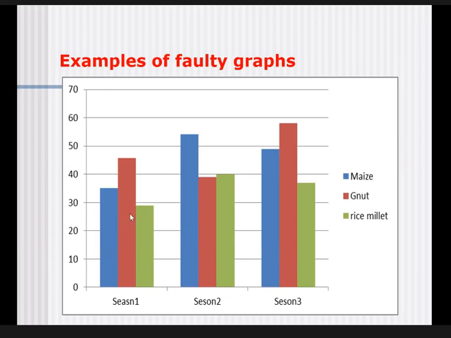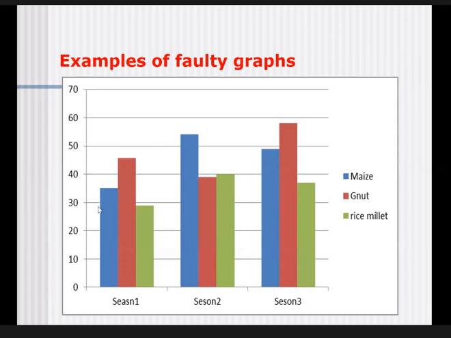It doesn't mean that whatever value is the tallest, say groundnuts in season 1, the second is maize, the third is rice millet, in that order. Now for season 2, you are putting them on the same graph, it means your data set, you arrange it starting with groundnuts, followed by maize, and lastly rice millet.